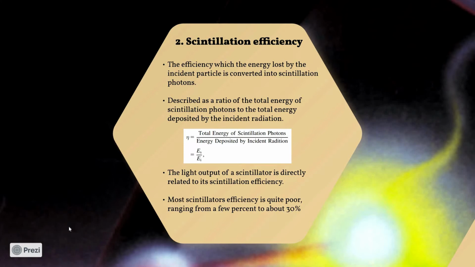Most scintillator efficiency is quite poor, about a few percent to 30%, but even with such low efficiency, scintillators can still be very effectively used for measurement because the light output is sufficiently high to obtain a good signal-to-noise ratio.